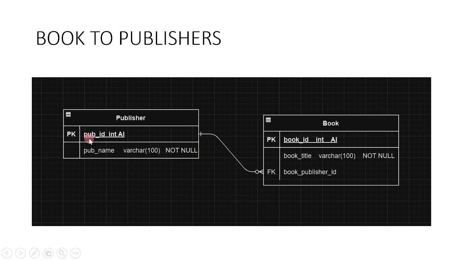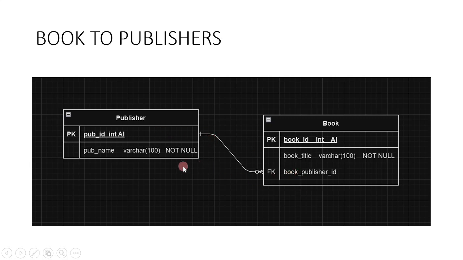So we have here publisher ID, int, the data type is integer, and auto increment. Then publisher name, varchar, and not null. So again, we have here one to many. We have also for the title varchar and not null, and so on. So that is book to publisher, one to many.